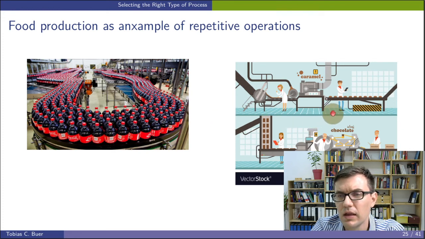The same when we look at for example, sweets, a chocolate factory where we produce chocolate, and our products move through all the machines through the production line.